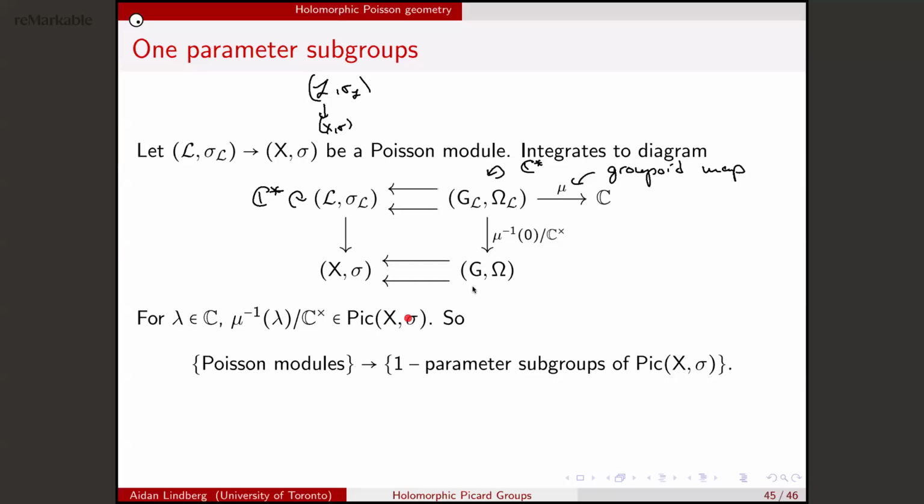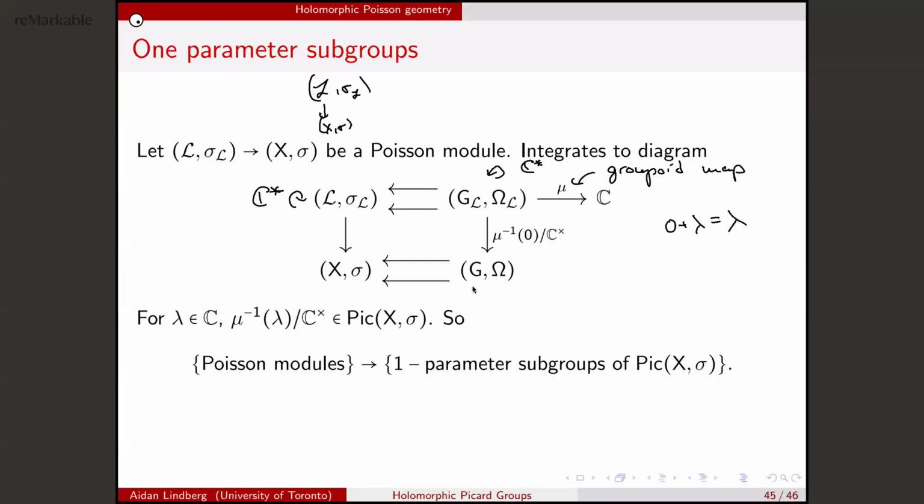You're going to get some bibundle. And the reason for this is just because 0 plus lambda is lambda. So the thing which I get as the preimage of 0, or reduction at 0, is going to receive an action. Sorry, if I reduce at lambda, it's going to receive an action from the thing that I got by reducing at 0.